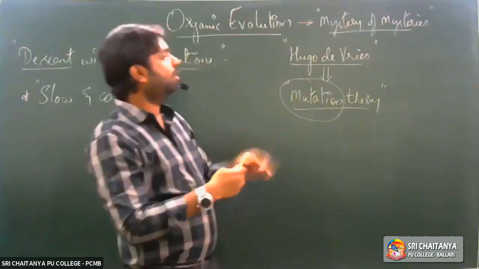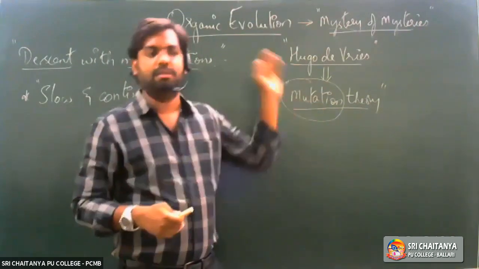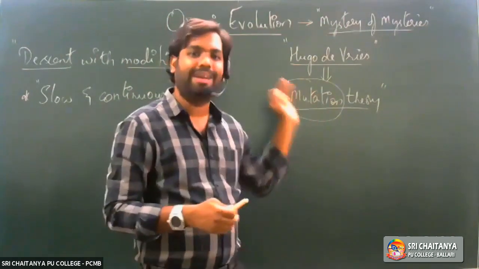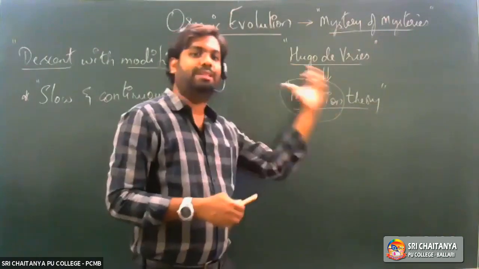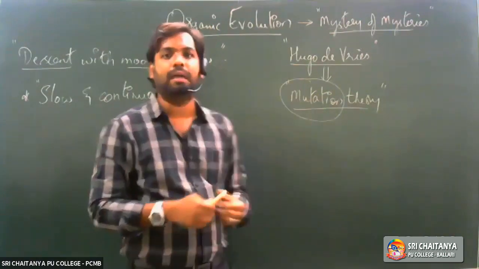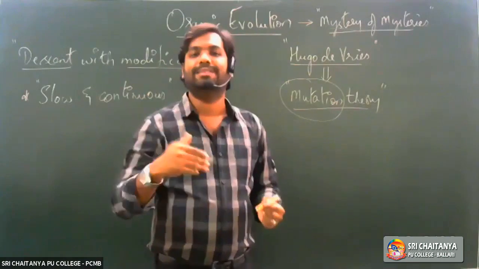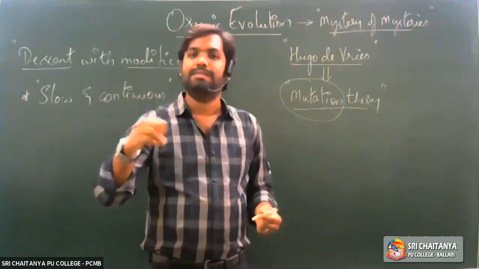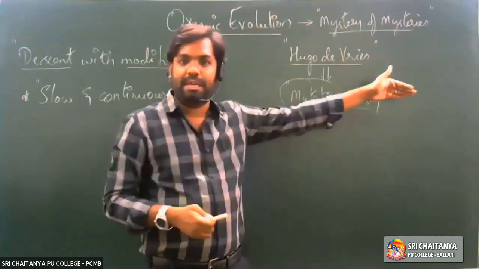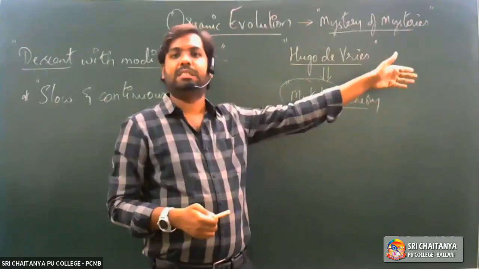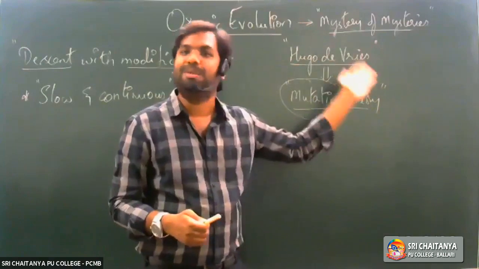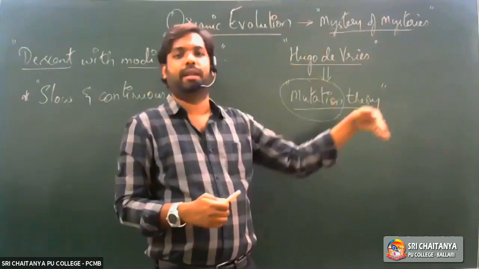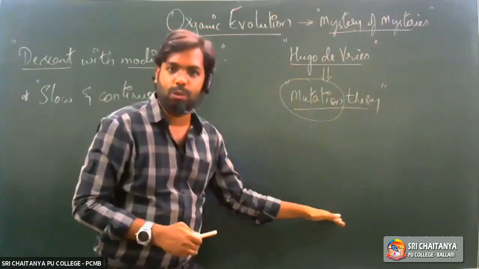The same thing Hugo de Vries is telling here is that the driving force for evolution is mutation. These changes that occur in the genotype, or the genetic makeup, of the organism are responsible for variations, and once variations are seen, they would be inherited from generation to generation, leading to the formation of a new species.